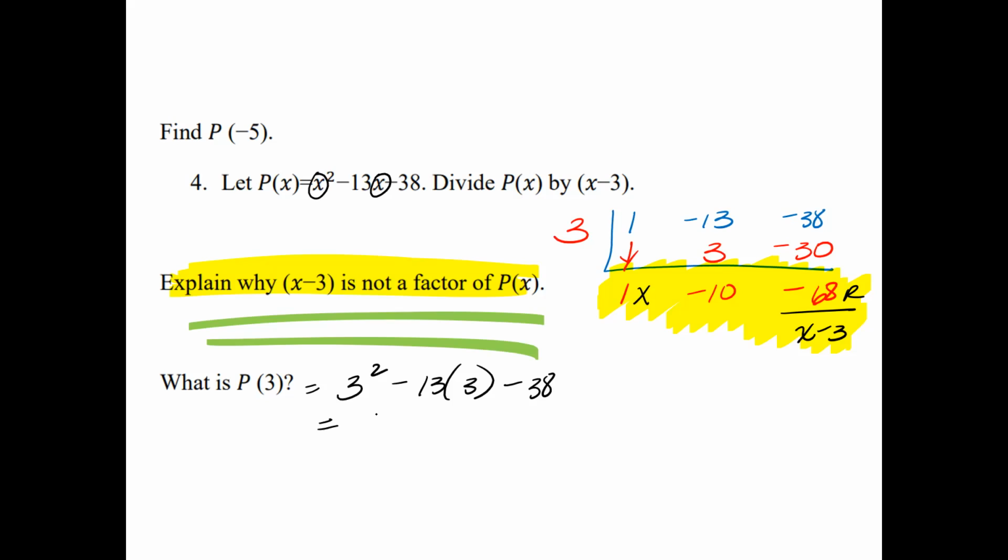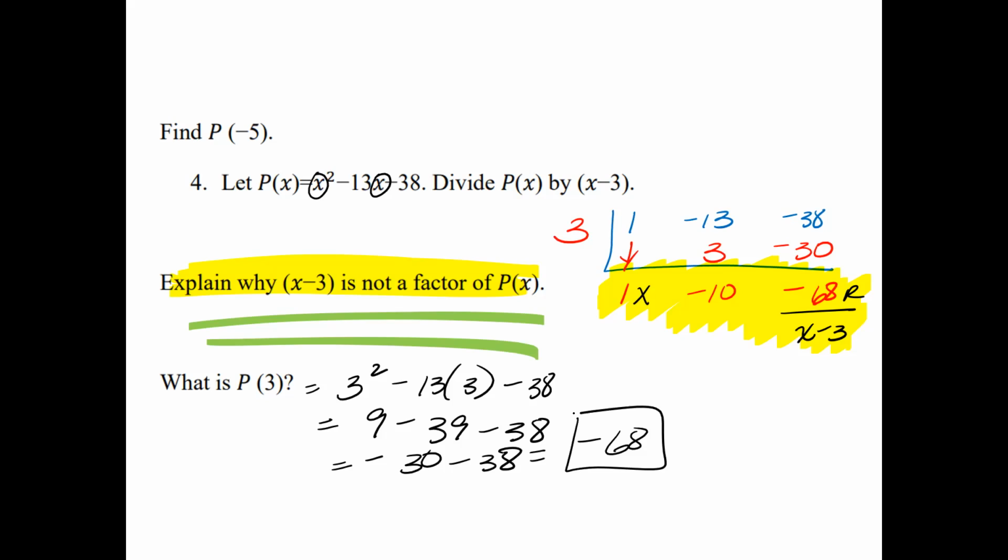So you should have something like 9 minus 39 minus 38, which is a negative 30 minus 38, which is a negative 68.